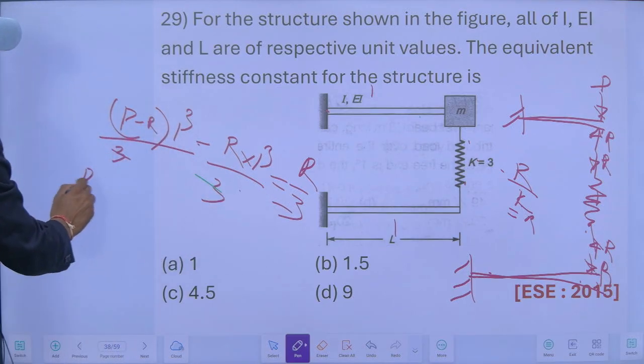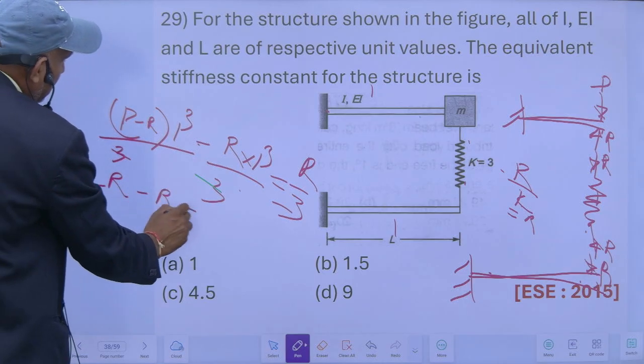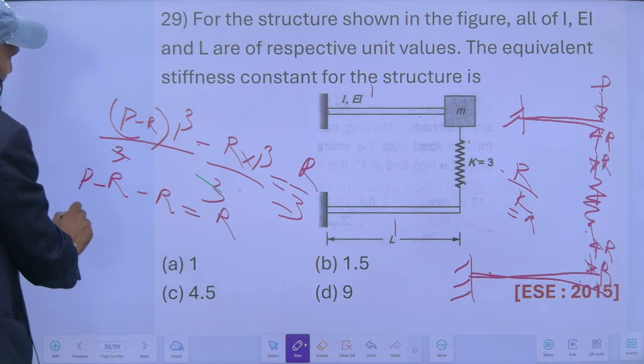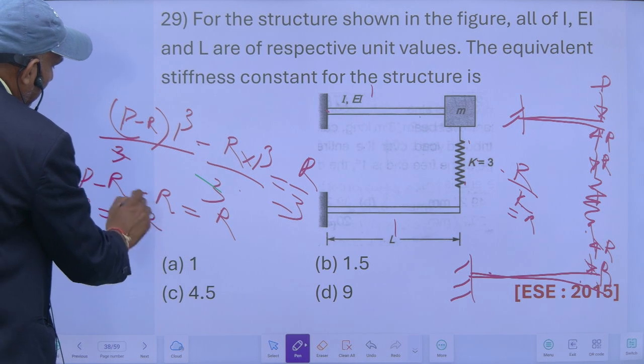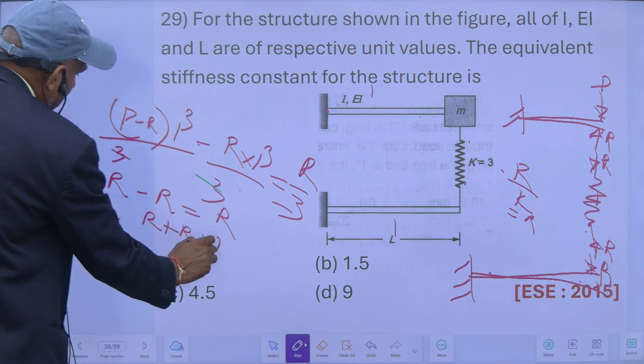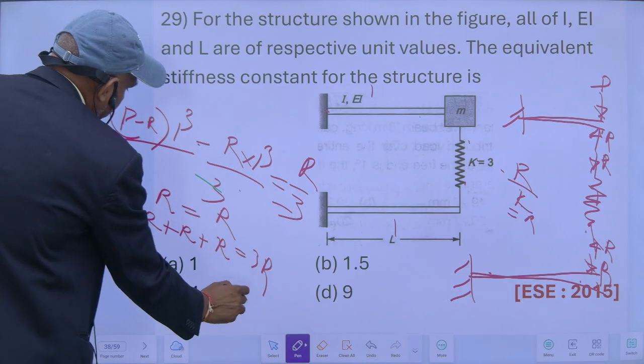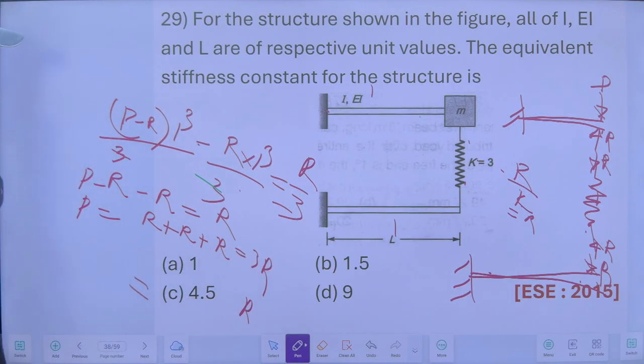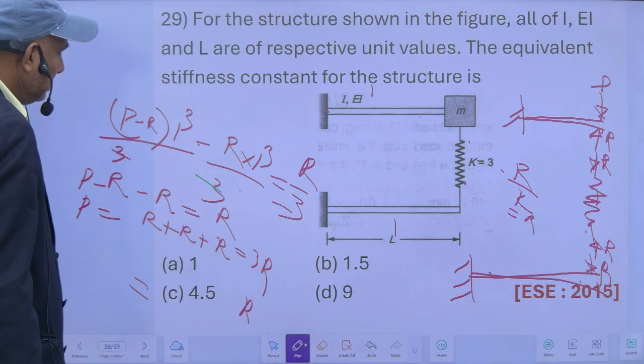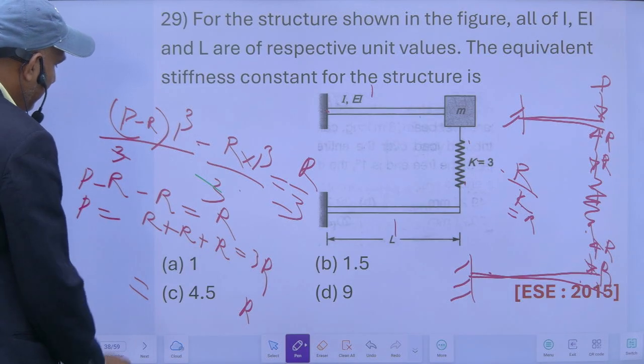So this will be P minus R is equal to R. So P is equal to R plus R plus R is equal to 3R, means R is equal to P by 3.